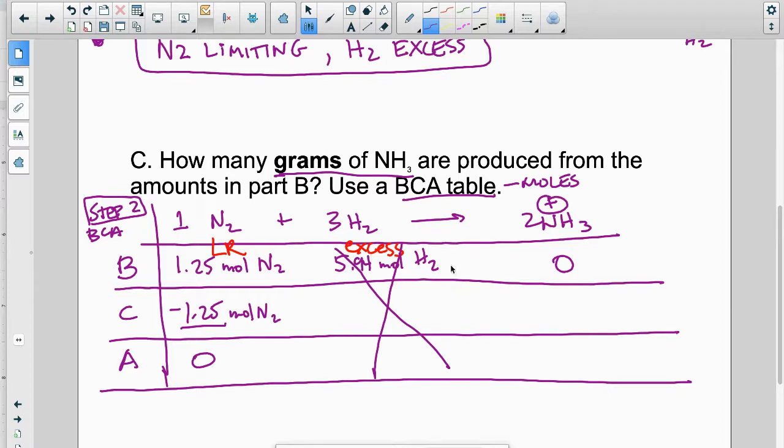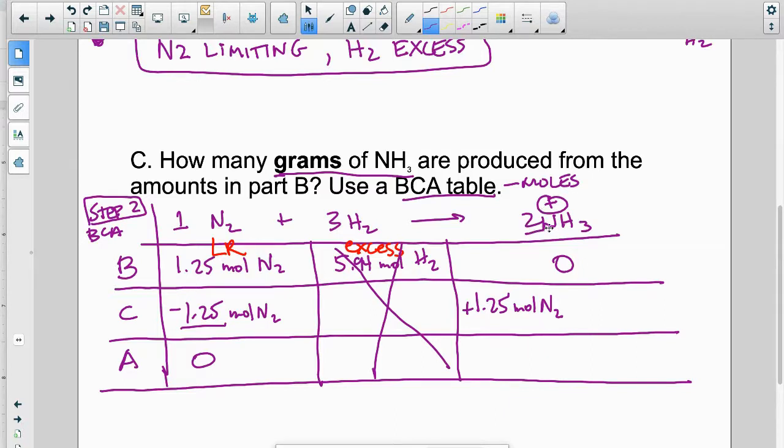To figure out the moles of ammonia, we start off by basing it on the limiting reactant change. So here, I'm going to write down first the limiting reactant change, and then figure out the amount of ammonia I can get from the 1.25 moles of N2.